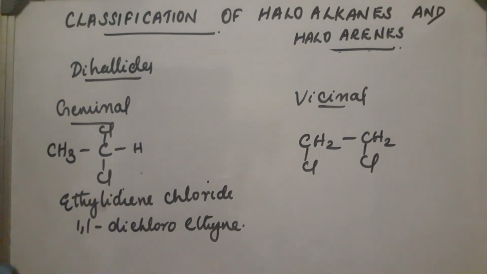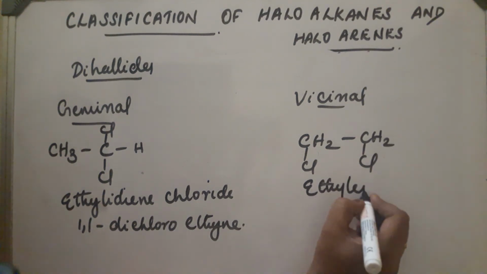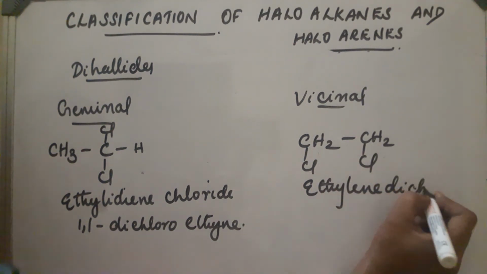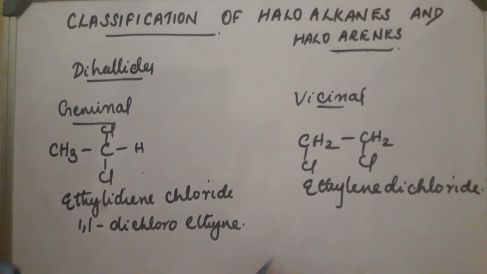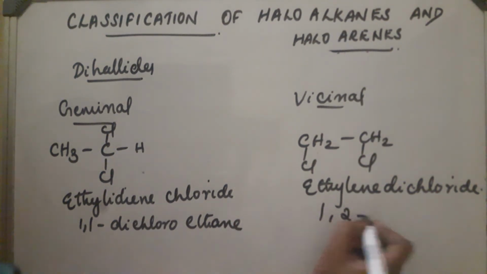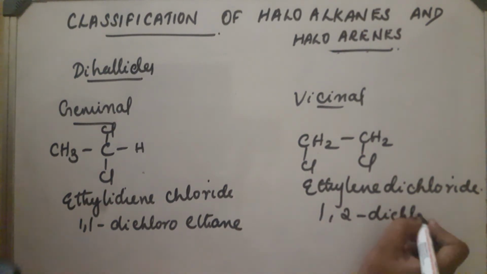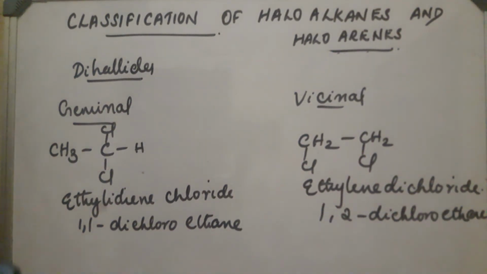Such compounds are said to be vicinal halides, and the common name is ethylene dichloride. The IUPAC name is 1,2-dichloroethane. These are the different classifications of haloalkanes and haloarenes.